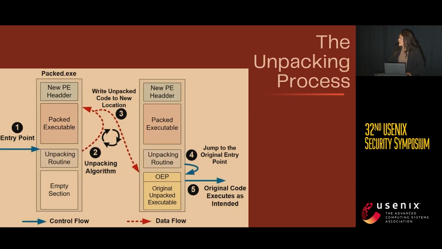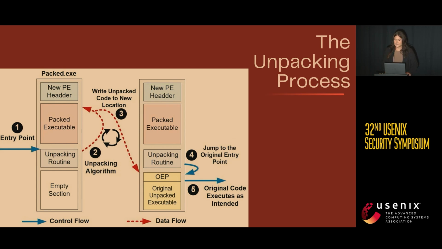So now, the unpacking process. Binary packers first encode an executable through encryption or compression and attach an unpacking routine to the executable. As shown in this figure, when the packed version starts running, the unpacking routine first decodes the packed code and writes it into memory pages.